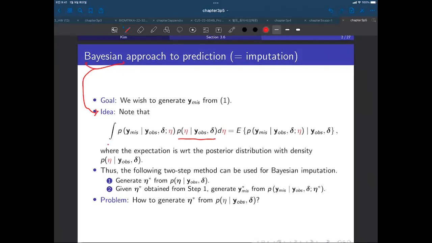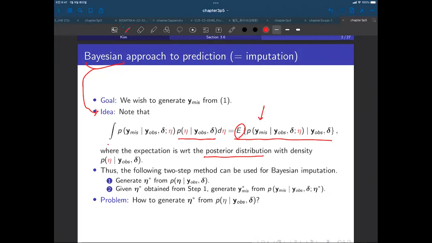So that is actually an expectation. Then this expectation refers to the expectation with respect to the posterior distribution, right?